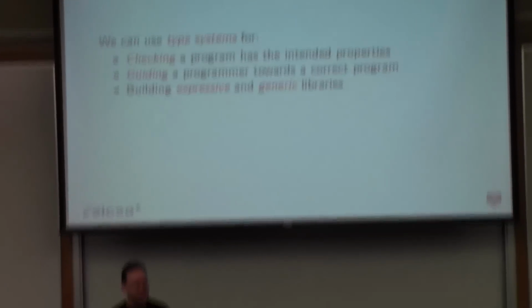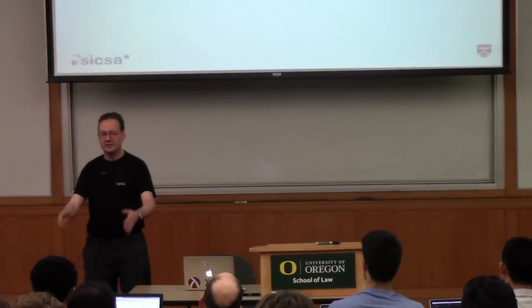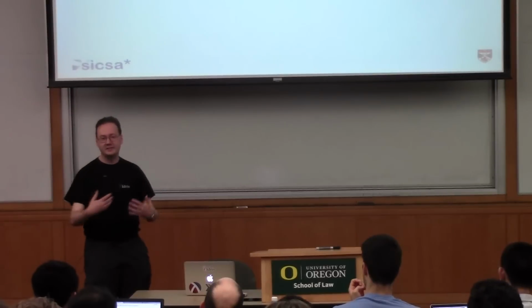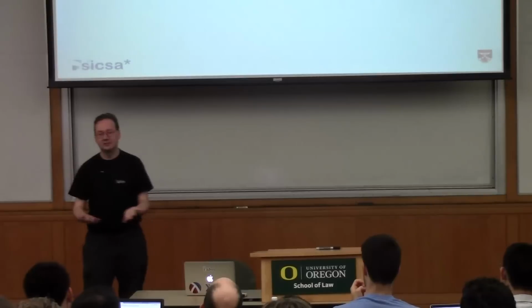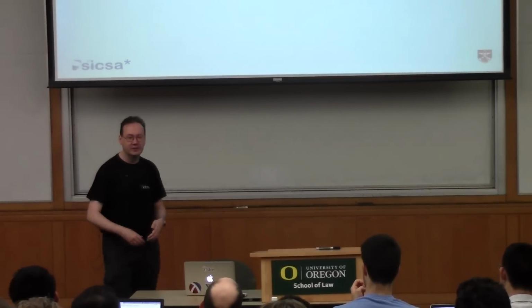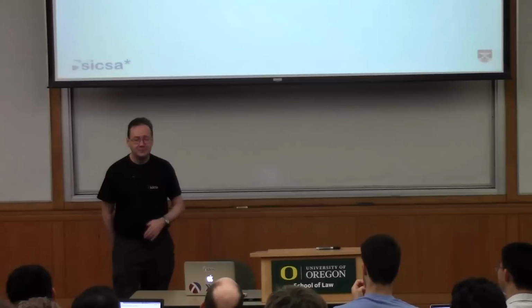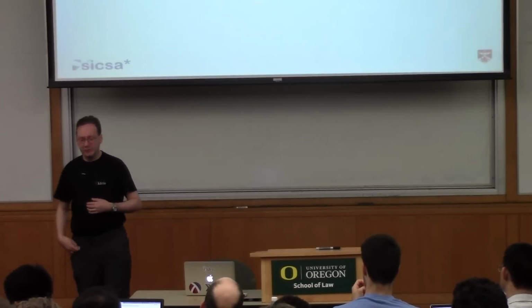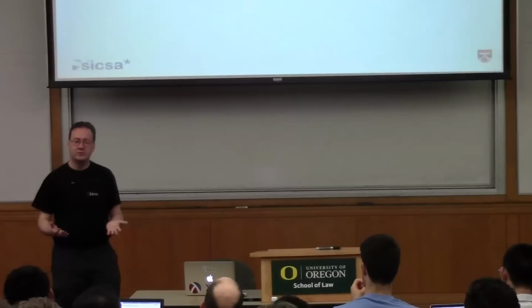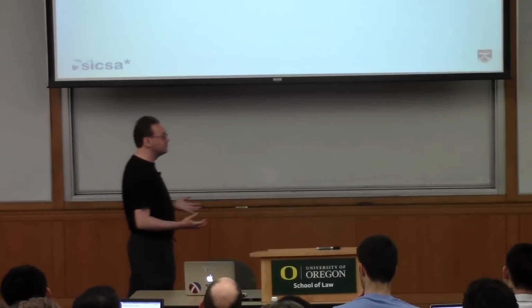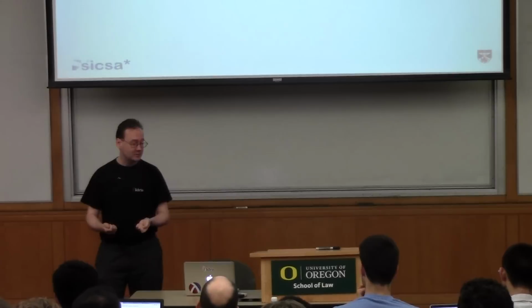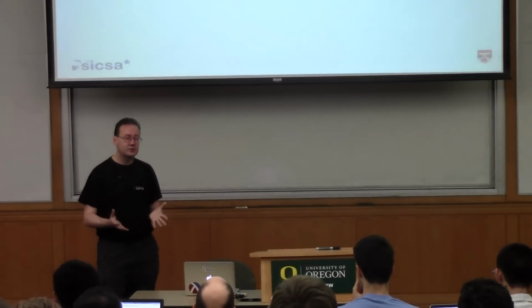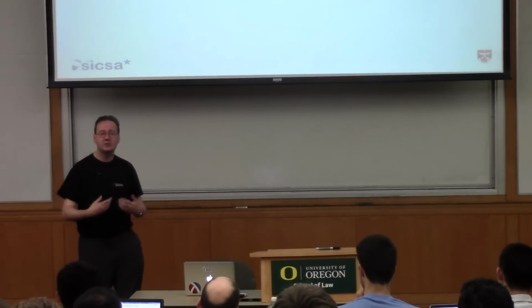So you spend ages hacking your work of art, and you feed it to the compiler, and pretty much guaranteed the compiler says, no, you've done it wrong. This is, nought out of 10, see me after class. I don't think that is a good way to view types. Types are there not so much for checking that a program does what you want it to, checking that a program has the intended properties, but rather to help you get towards the correct program.